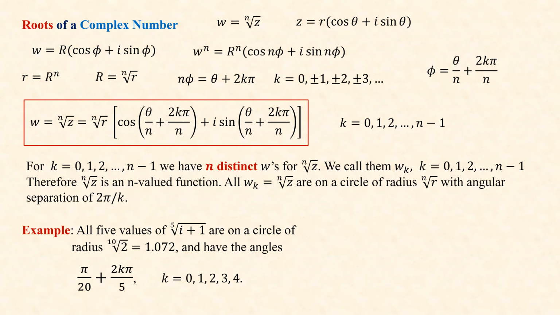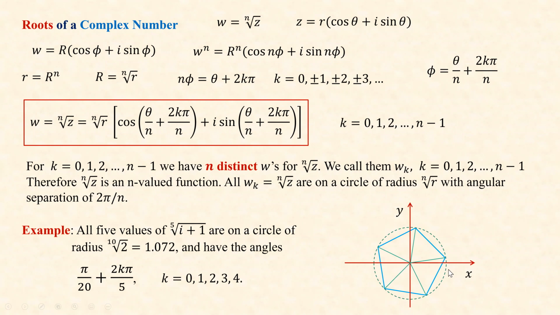All right, if you show them on a coordinate system or complex plane, you see this is the first one when you have pi over 20, and then you add 2 pi over 5 to that, you get this point, and then 4 pi over 5 is this one plus that, and then 6 pi over 5 and 8 pi over 5, and then 10 pi over 5 is 2 pi.